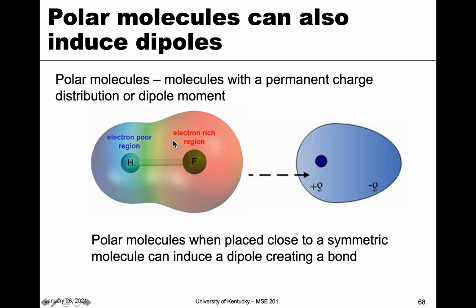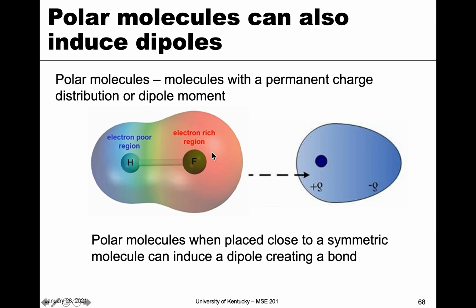This is a type of covalent bonding in which we have unequal sharing of electrons. Since fluorine is more electronegative, the electron spends more time with fluorine than it does with hydrogen, leaving behind an electron poor region and an electron rich region. So this is positive, this is negative.